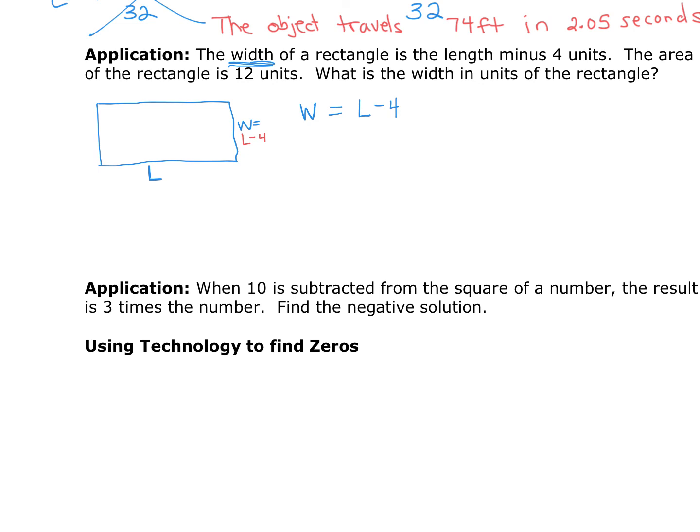The area of a rectangle is length times width, or in this case, length times length minus 4. And we know that the area is 12 units. So we have L squared minus 4L, and if I set that equal to 12, I get L squared minus 4L minus 12 equals 0.